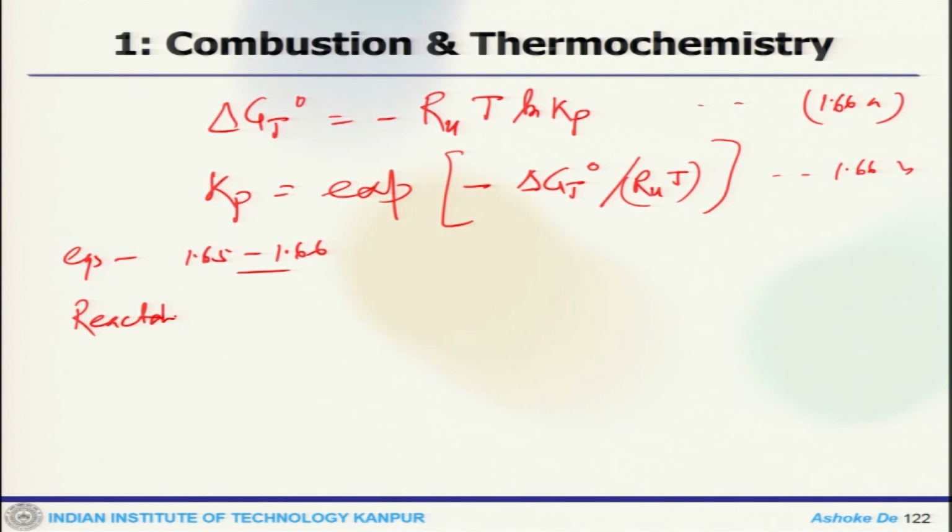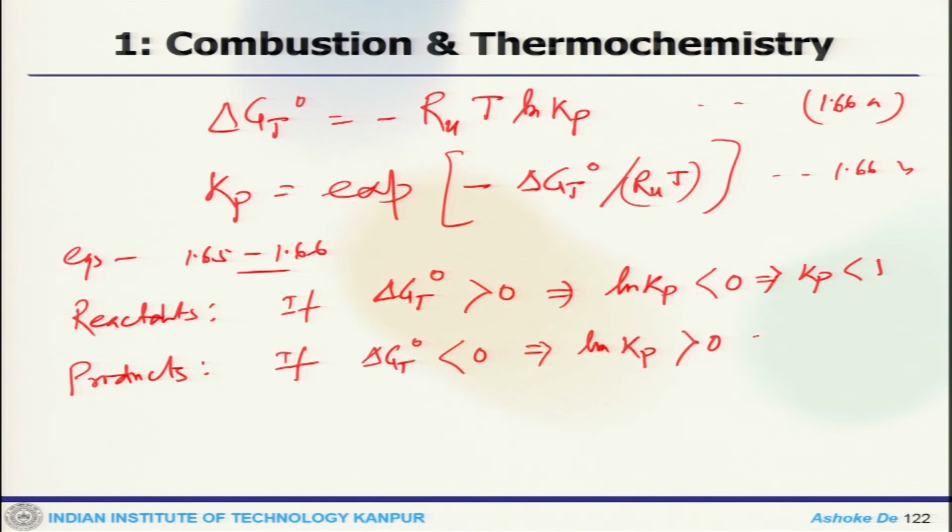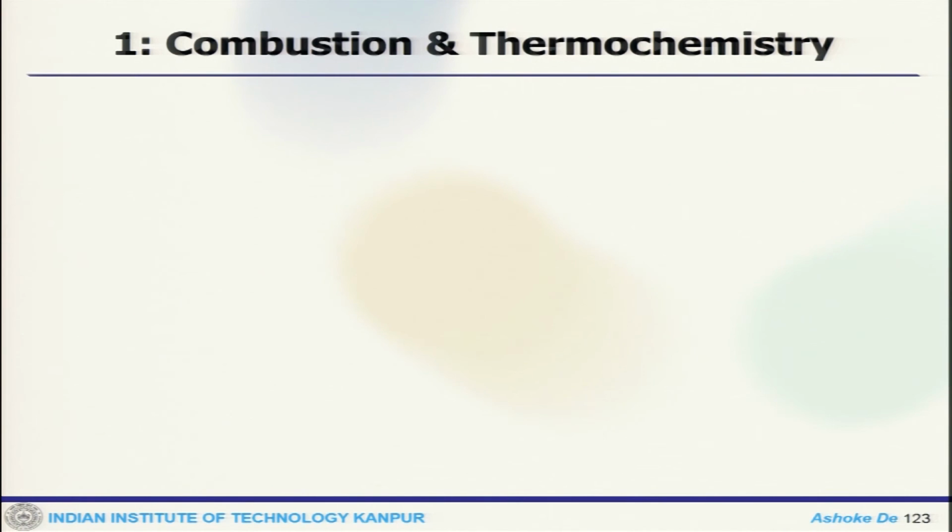If it favors reactants, then delta G naught is greater than 0, that will give ln Kp less than 0, which means Kp would be less than 1, or if it favors the products, then delta G naught would be less than 0, which would be ln Kp greater than 0, Kp greater than 1. So that is how you get it.